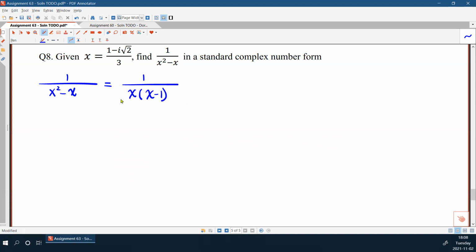This will make the calculation a little bit easier. So this is 1 over x. You can just copy x into this expression, and then x minus 1, right? And then we can calculate this one first.